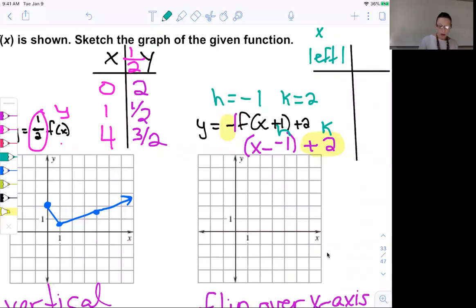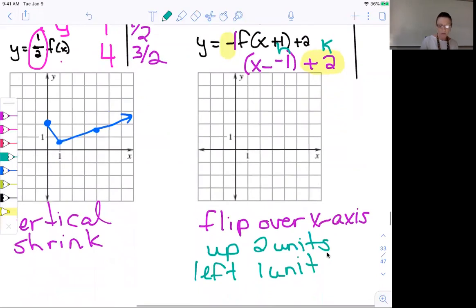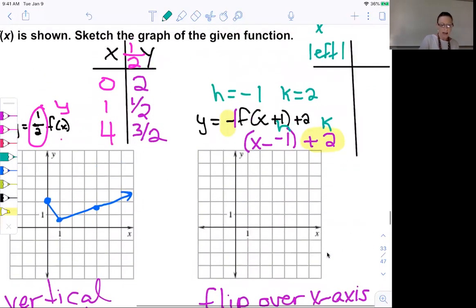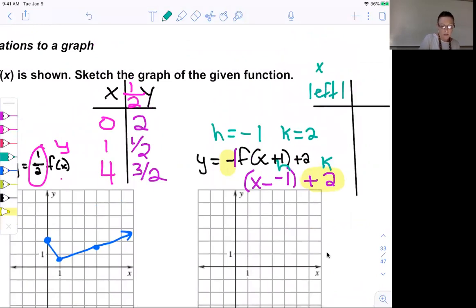And then the y value, I have to flip it over the x-axis. That means I have to take y and multiply it by a -1. That's what that -1 in front is really doing. We're taking y, multiplying it by a -1, and then I need to move it up 2. So I'm writing my little directions here in my t-chart.